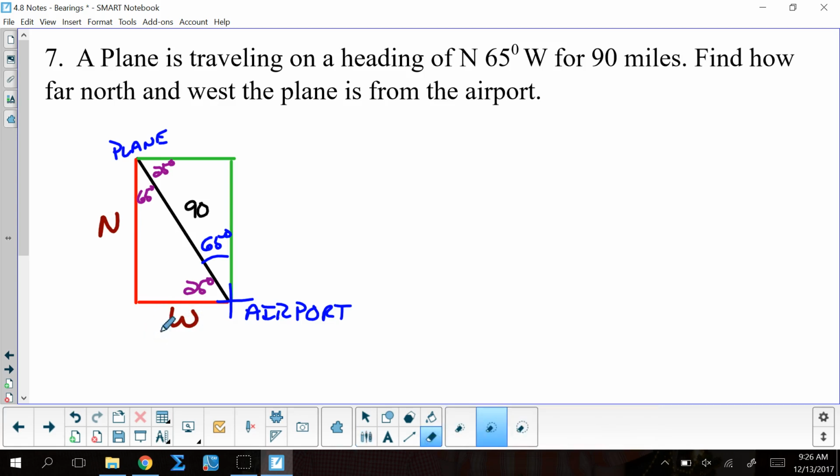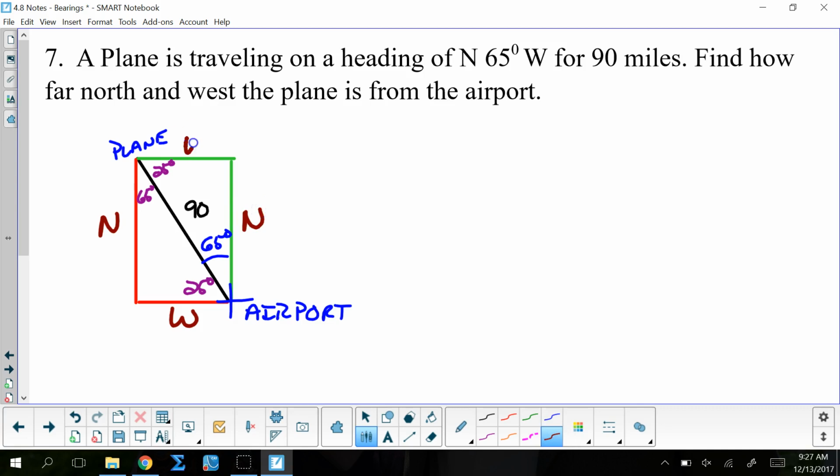So I need to find those two sides, which would also be over here and up there, depending upon which triangle I'm dealing with. One way that I could go about that would be, I could say that the sine of 65 degrees is my west component over 90.